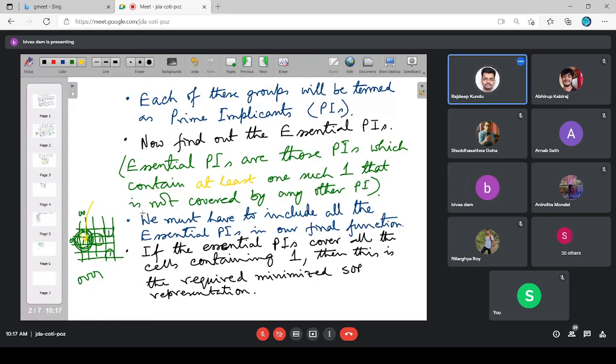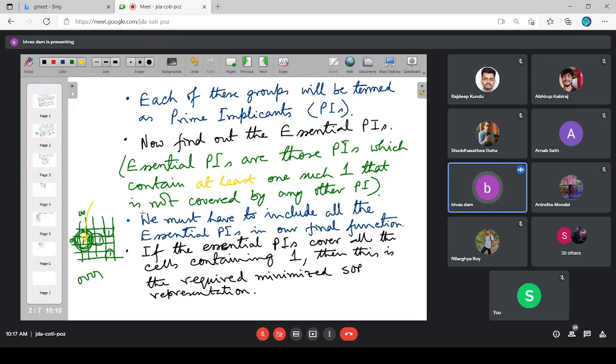The essential PIs are those PIs which include at least one cell, at least, remember, at least one cell. It may have more than one cell also, which includes at least one cell which is not covered by any other PI.